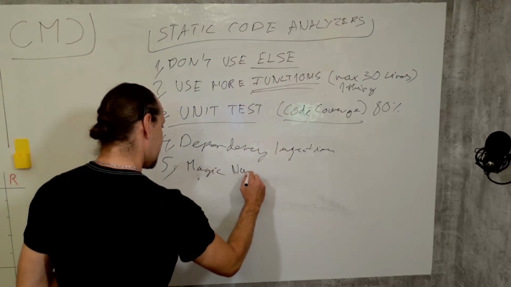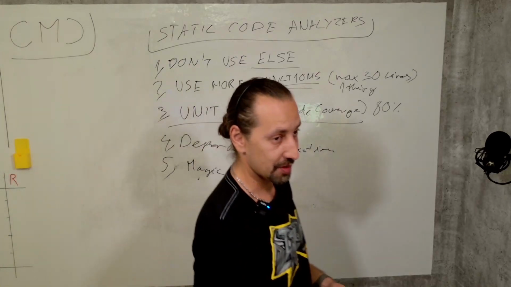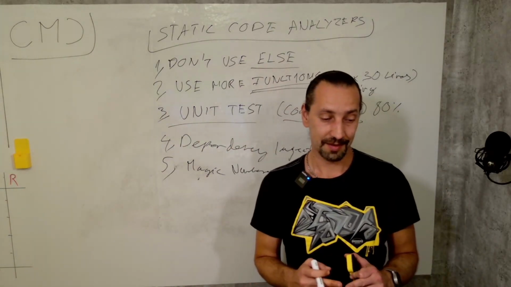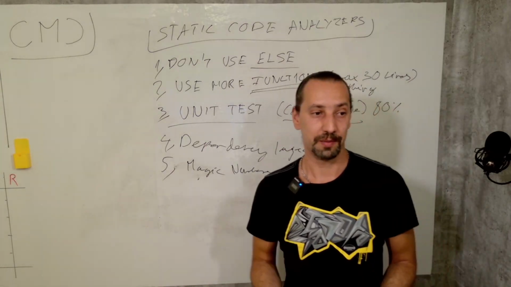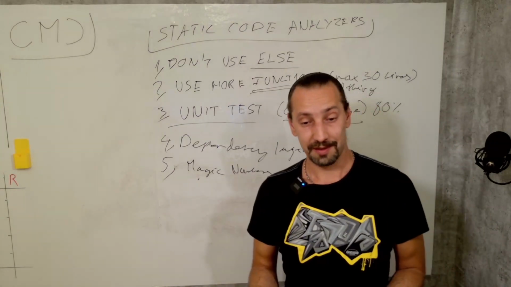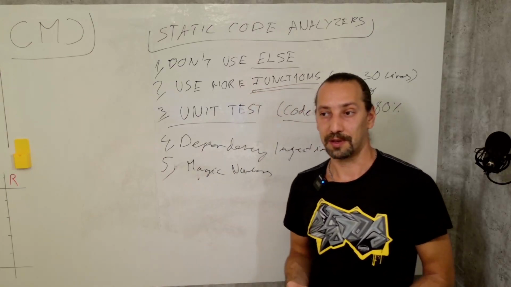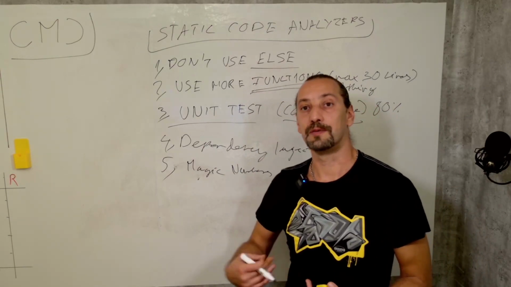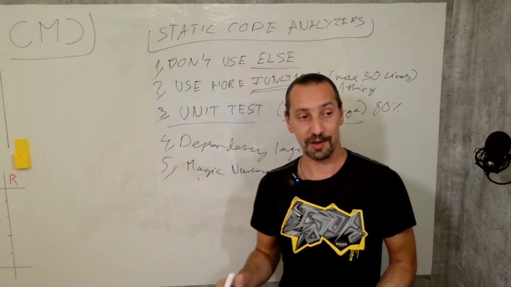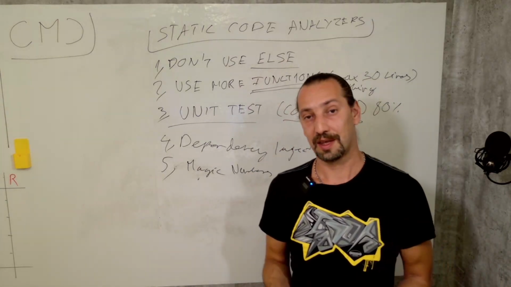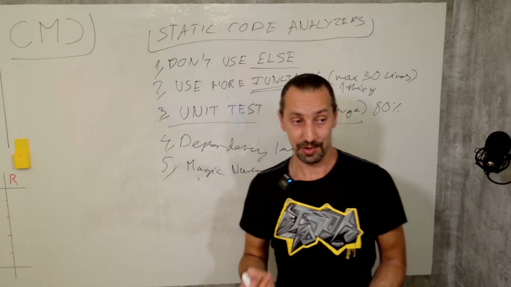Magic numbers. What are magic numbers? Magic numbers are static code pieces in your code containing a simple value that could be a predefined array, a configuration piece, or, quite commonly, secrets like database access embedded in the code, and they shouldn't be there.